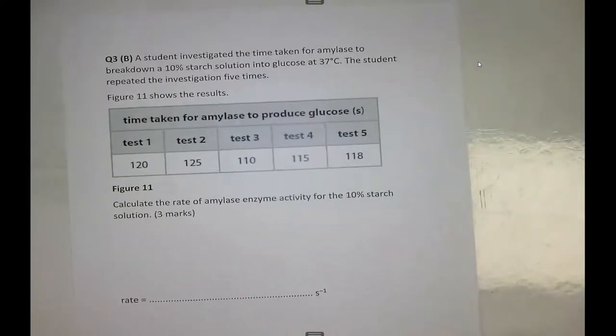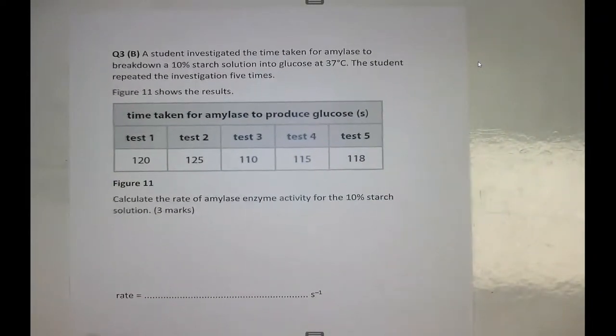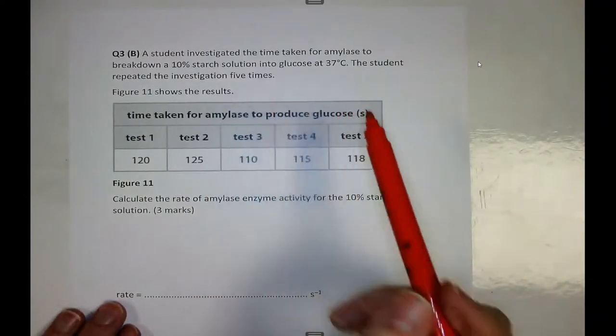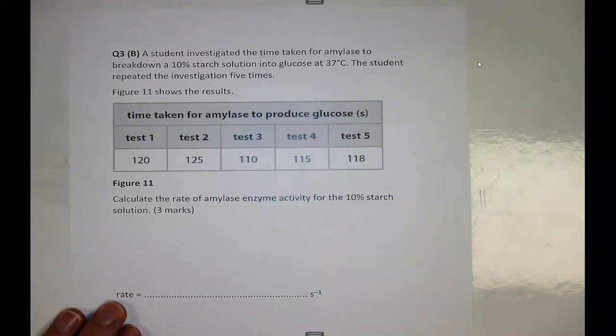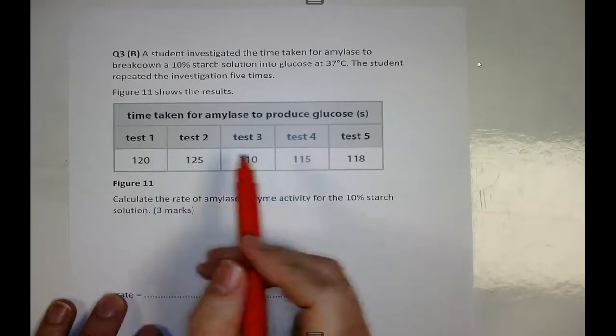The second type of question would be this one, where you've got to calculate rate. So students investigated the time taken for amylase to break down a 10% starch solution into glucose at 37 degrees C. The student repeated the investigation 5 times. Calculate the rate of the amylase enzyme activity for the 10% solution. So they've got lots of numbers there already, but the real ones you want to focus on are the numbers in the table.